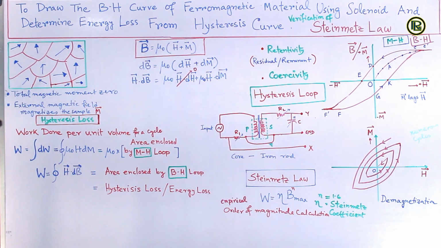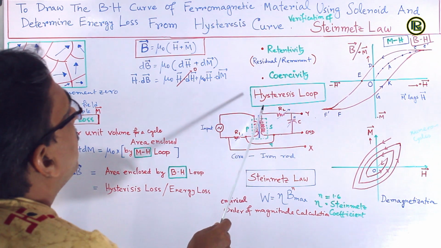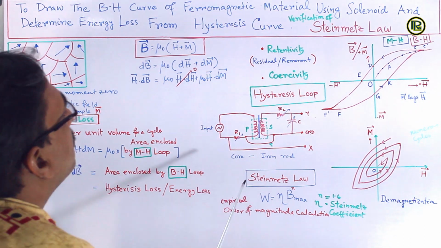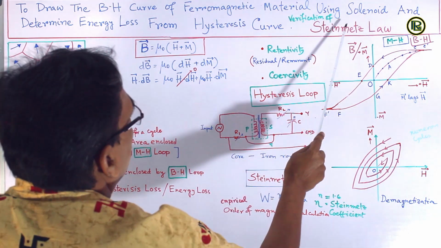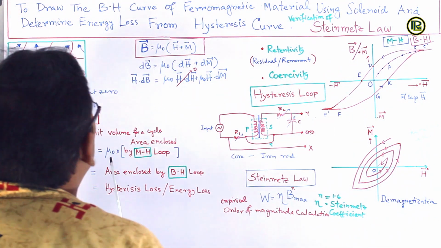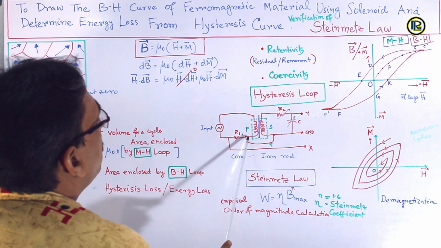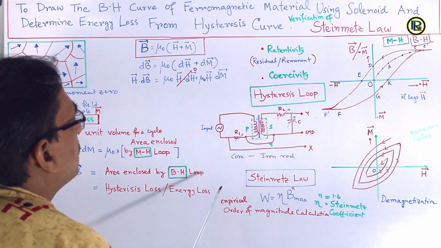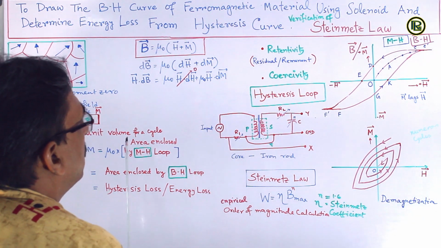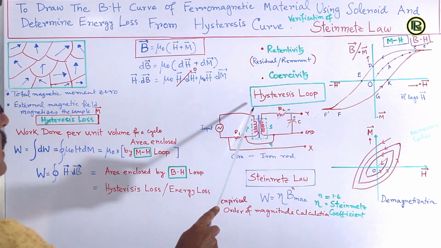And the circuit diagram for the experiment to find the area of the hysteresis loop: as we mentioned in the title of the experiment, we have to use a solenoid, and that solenoid will be used with a ferromagnetic material, in this case an iron rod, as a core of the solenoid, like this.